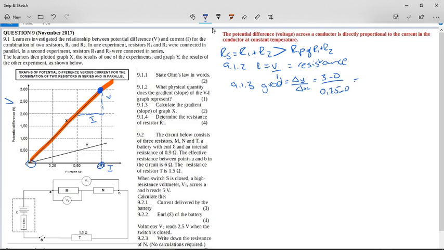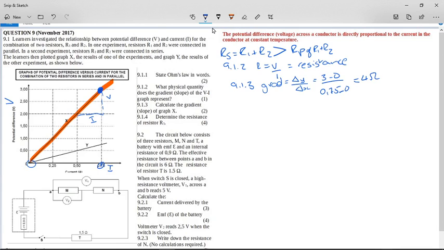So 3 over 0,75. Remember, you have to show your zeros. If you don't show your zeros, you're going to be in trouble. Okay, so show that you didn't just take a point, show that you took the gradient and you subtracted 0. So my gradient, 3 divided by 3/4, gives me 4 ohms. The gradient of the graph is 4 ohms.